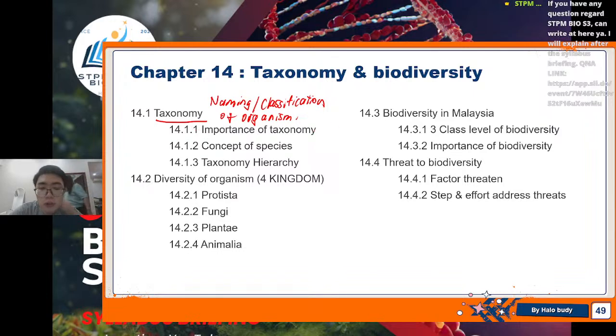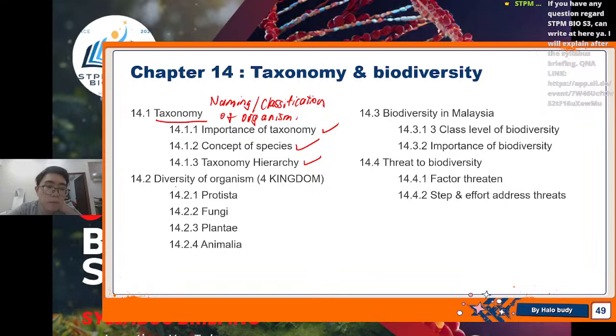Firstly, you have to know the importance of taxonomy, the concept of species, and the taxonomy hierarchy. Hierarchy is the classification of organisms, that is, how scientists nowadays classify the organisms on earth. This one is just a brief topic.